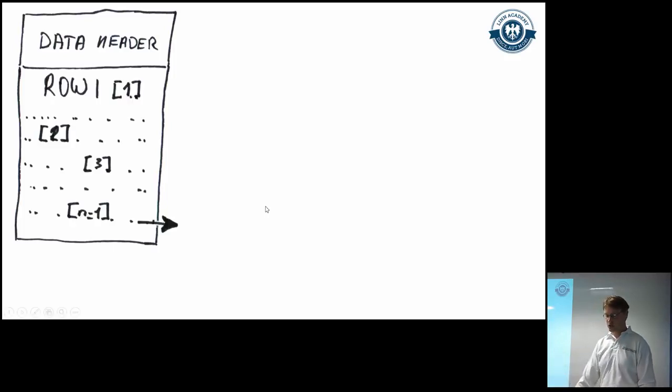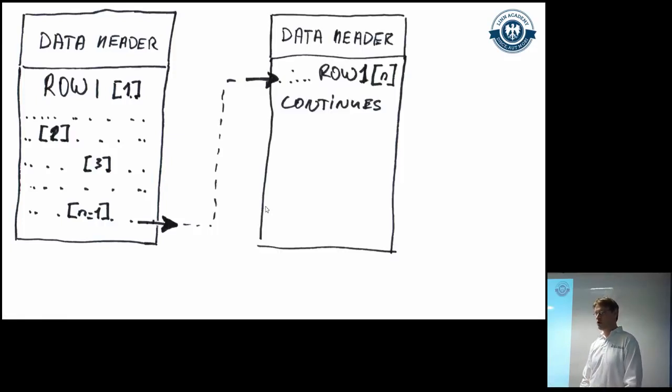data page, and we store row number 1 out of the order table, and it's storing column 1, and then we've got some data in there, column 2, some data, column 3, and so on. We've got lots of columns, and then we find out that we can't store this row on this page because we run out of space. So what SQL Server does is carry that row onto the next page.